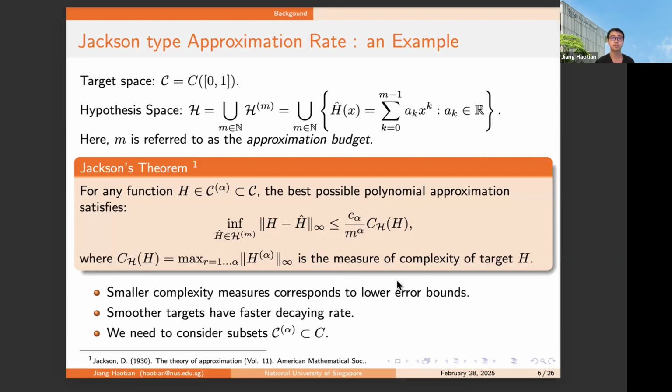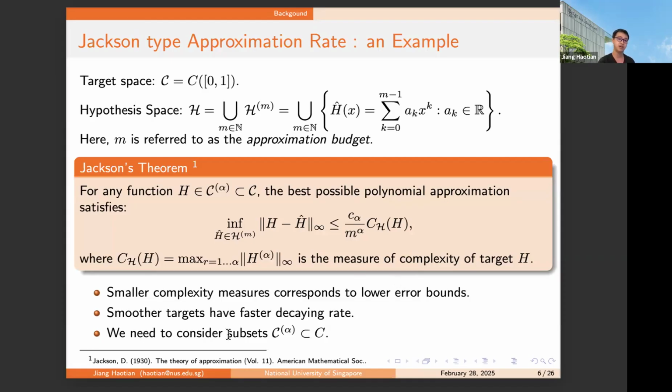So this approximation rate theorem tells us that polynomials are good at smooth targets. And we want to develop similar results for the sequence modeling architectures, because this can tell us what kind of targets the architectures are good at.